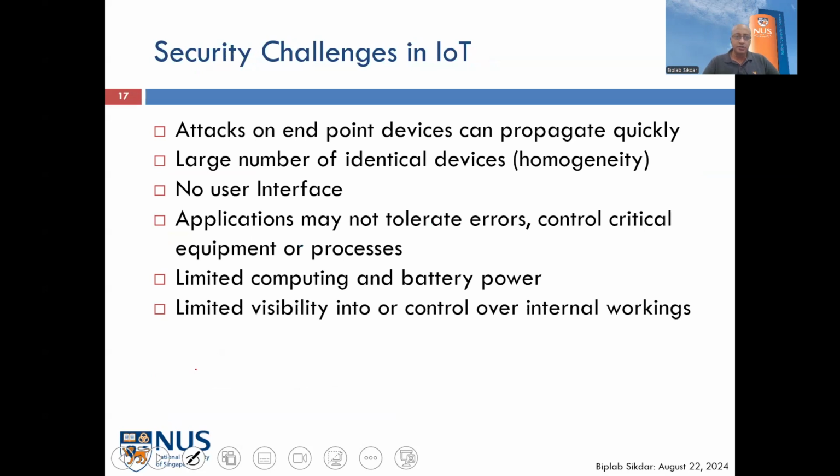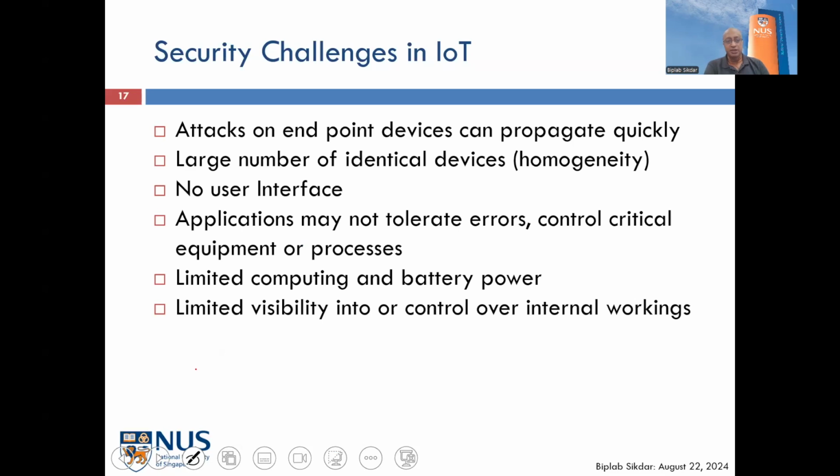And there are a large number of security challenges that need to be addressed for IoT. And some common examples that make life more difficult is, for your phone and for your laptop or desktop, you have a user interface, you have a monitor through which you can interact with the device. But for many IoT devices, there's no interface. So you don't really know what's going on.